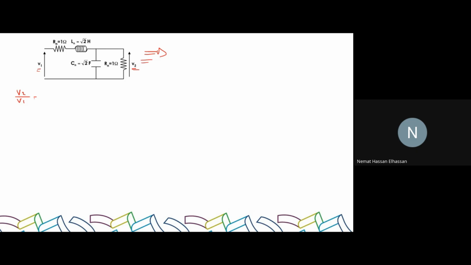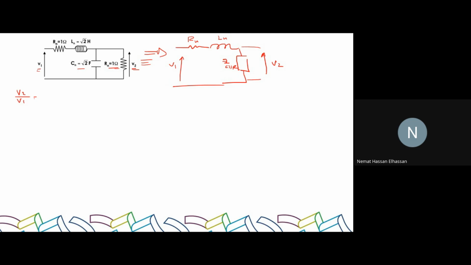It is equivalent to what? A resistor, Rn, an inductor, Ln, and then Rn and Cn can be considered a parallel branch. Let's call it ZC parallel with R. Here we have the input V1, and the output is the voltage across the parallel branch V2, right?